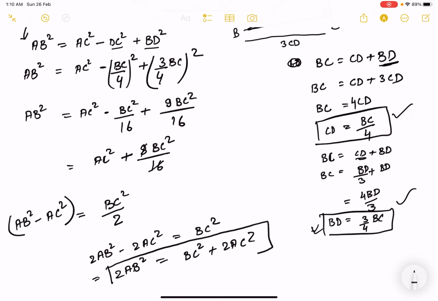This is the final result which we have to prove.